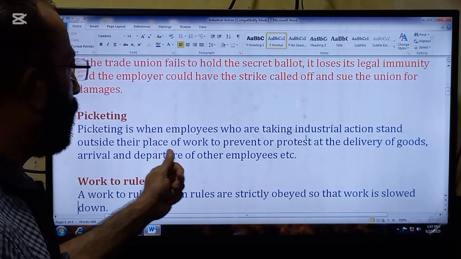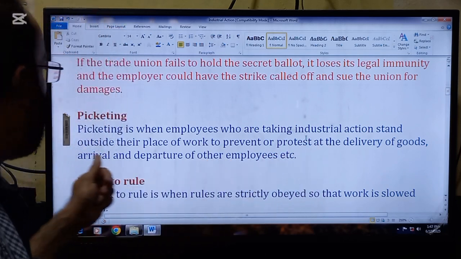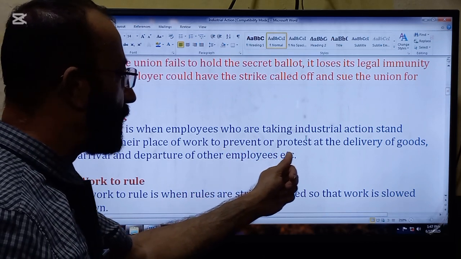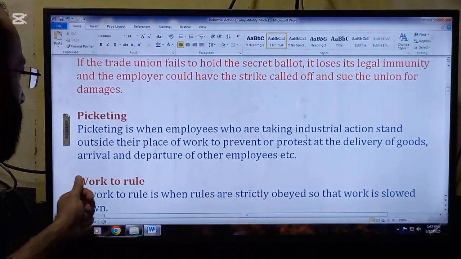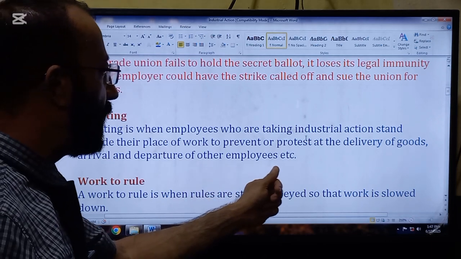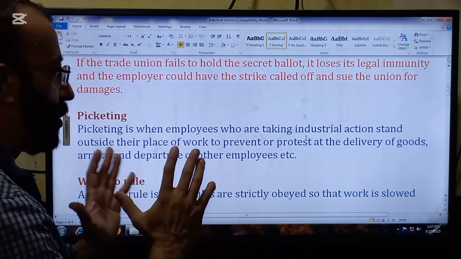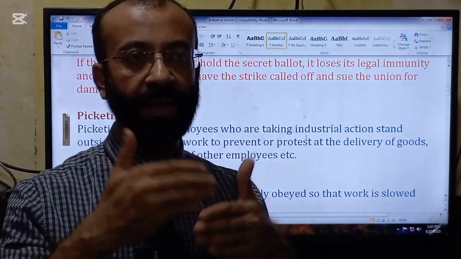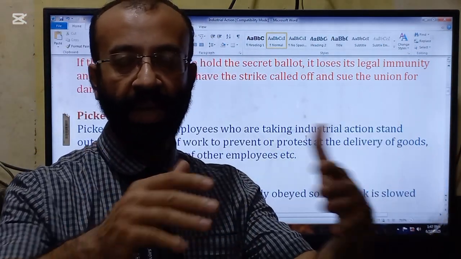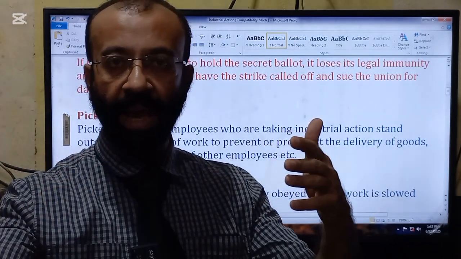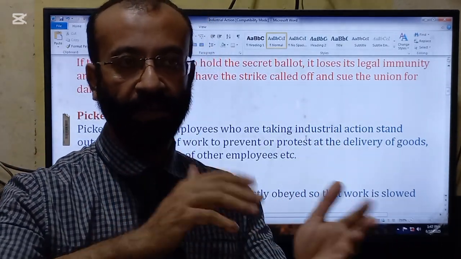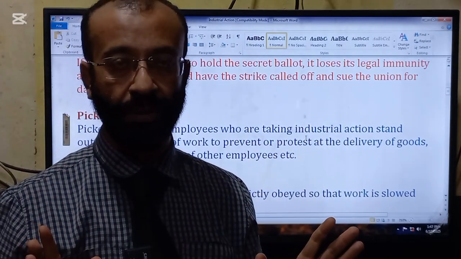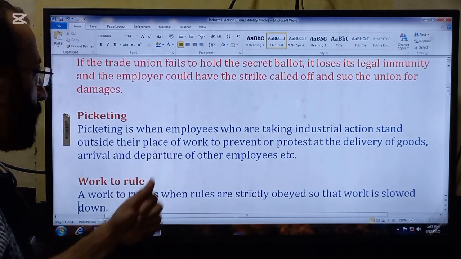Picketing is when employees who are taking industrial action stand outside their place of work to prevent or protest at the delivery of goods, arrival and departure of other employees, etc. So this is a strong type of industrial action in which the workers who are on strike stand outside their workplace and prevent the entry or departure of goods as well as of workers who are not members of the trade union.